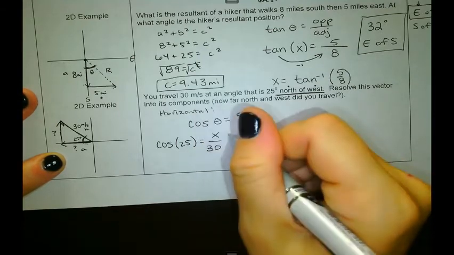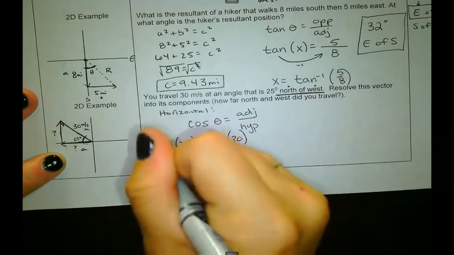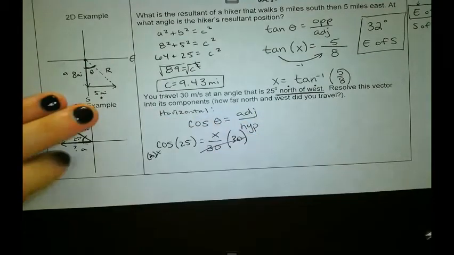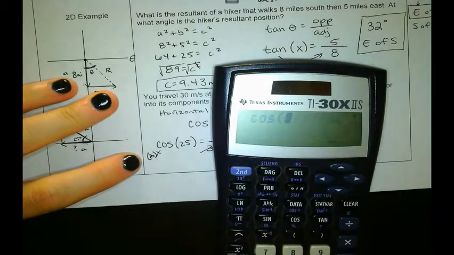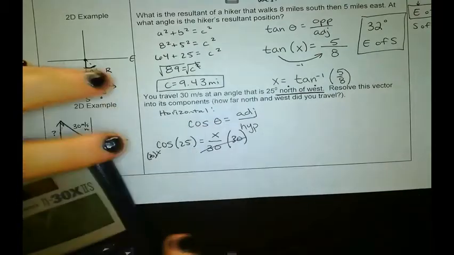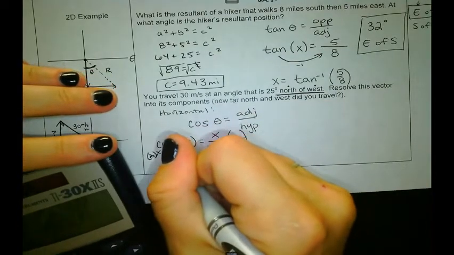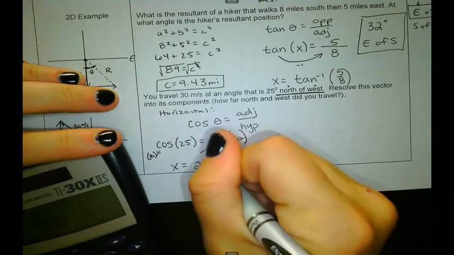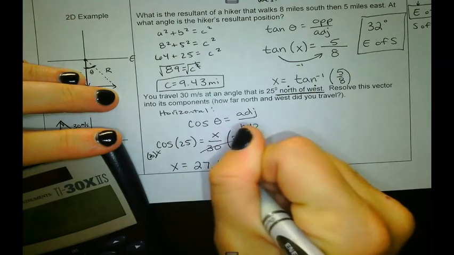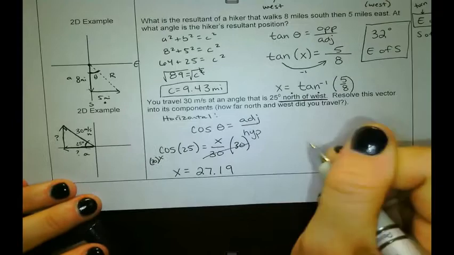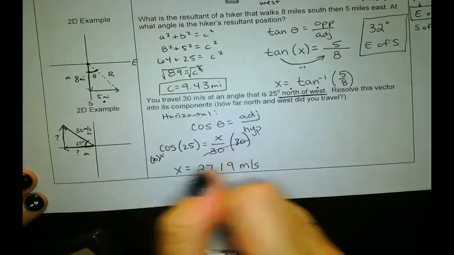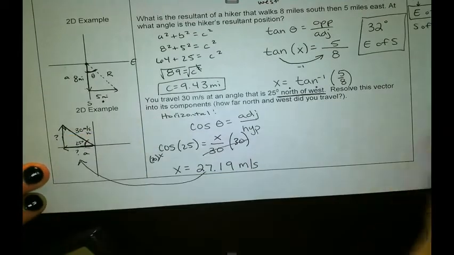If I want x by itself, I'd multiply both sides by 30. So I get cosine of 25 times 30. That adjacent side of the triangle is equal to 27.19, and we're talking about meters per second. So that's talking about this one right there.